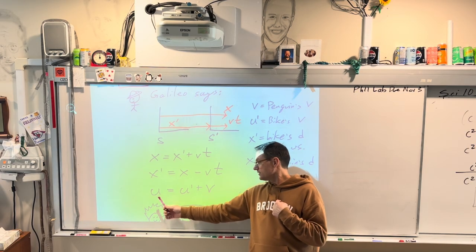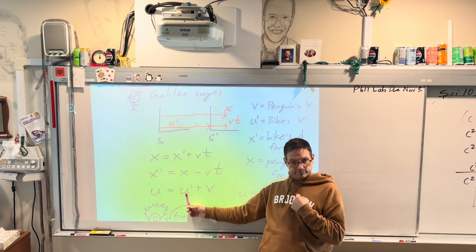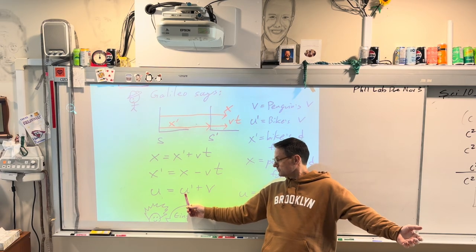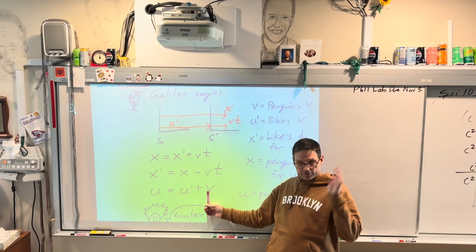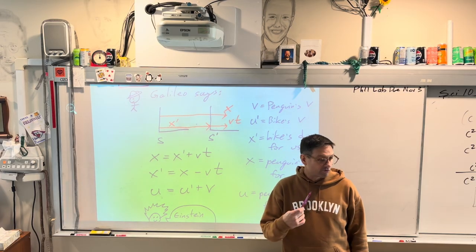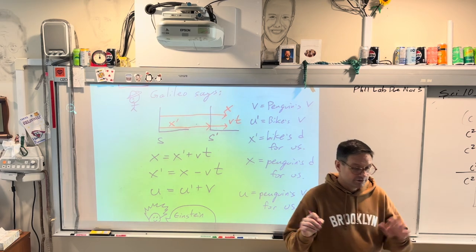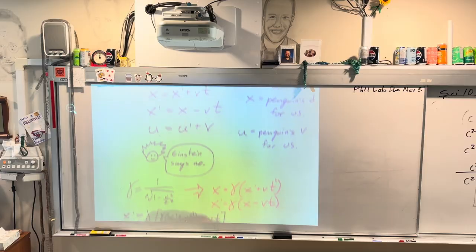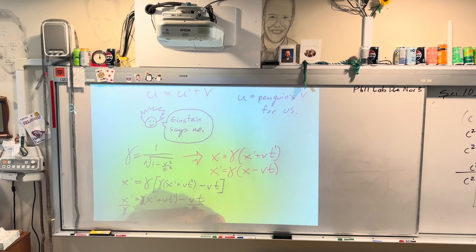We just take the speed of the bike, which is the speed that Arsha's reference frame is moving, plus v, the speed that he throws the penguin at. If you add those two together, that's the speed the penguin moves for us. It's all easy, easy peasy. Until Einstein comes along, he says, no, that's not right.